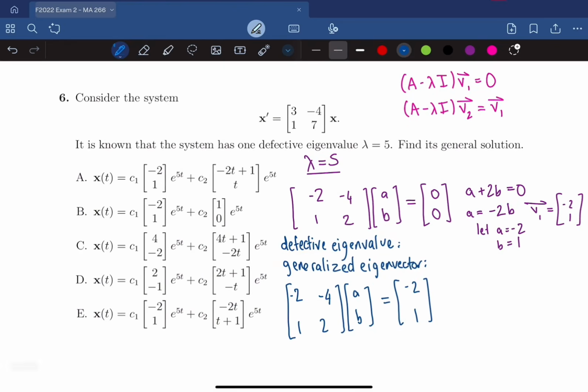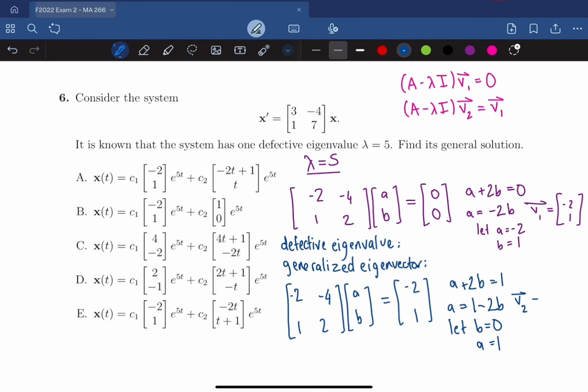So we have a plus 2b equals 1 this time, which means that a equals 1 minus 2b. Now for the eigenvector, we can just let b equal 0, which means a would have to equal 1.